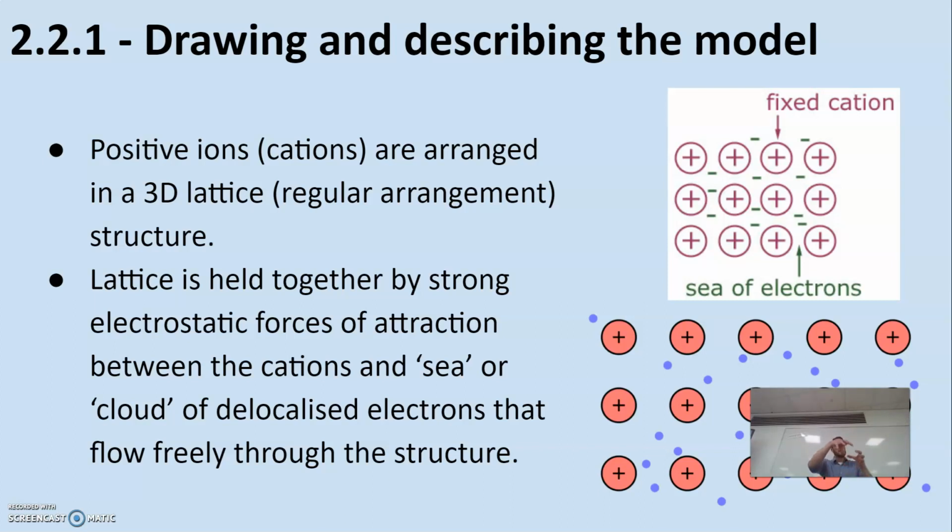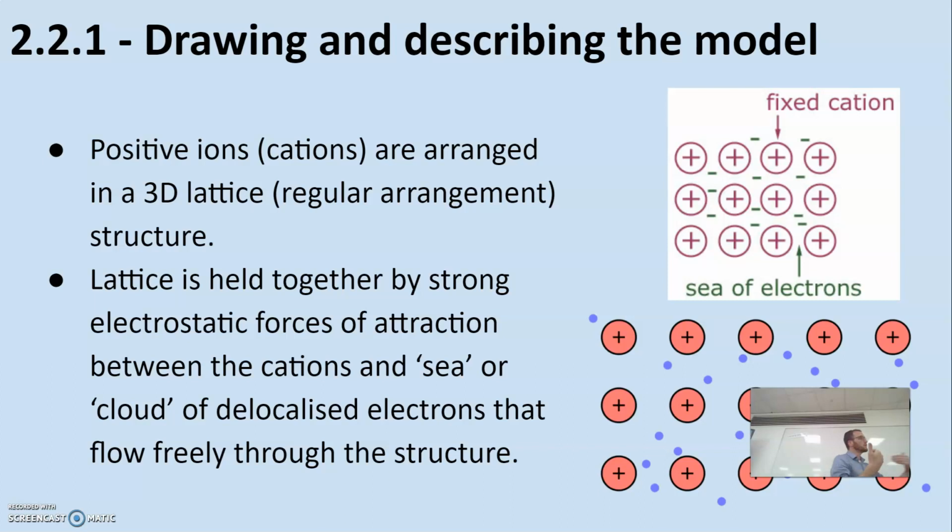We've got these big positive metal cations that are fixed in place, or largely fixed in place, and then surrounding them are electrons. We call it a sea or a cloud of electrons. They're those outer shell electrons that are more loosely attached to the metal and become free to move in a larger block of the metal.